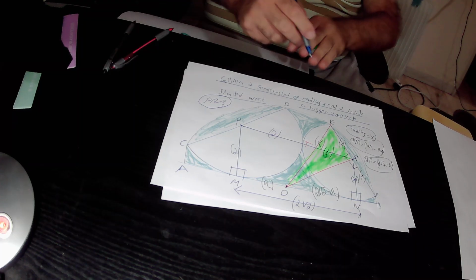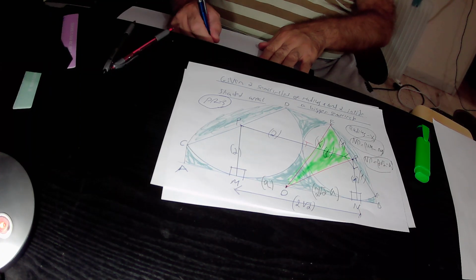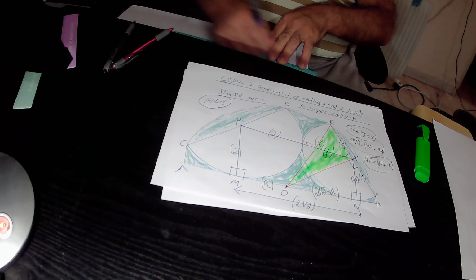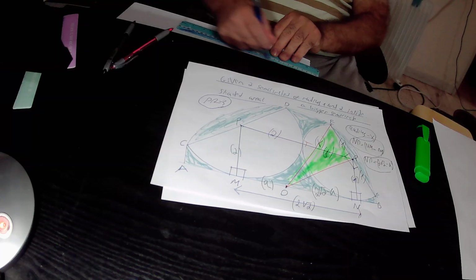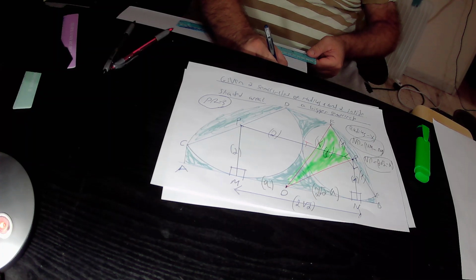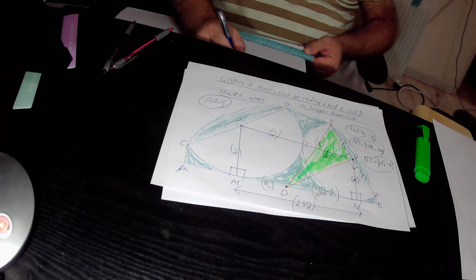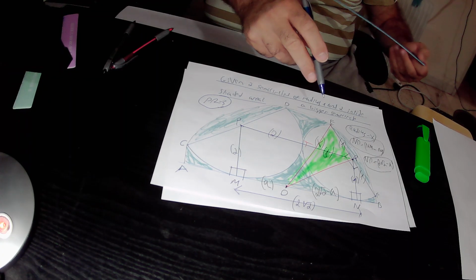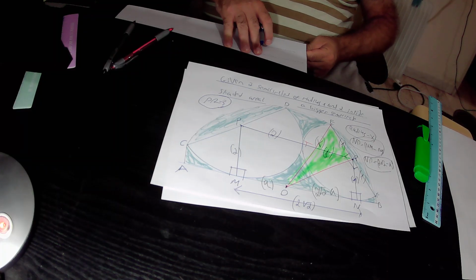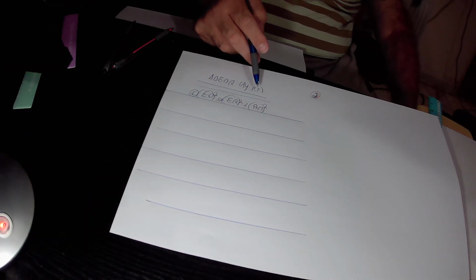So in this green right triangle EQO, according to the Pythagoras theorem, EO squared, that is the square of the hypotenuse, is equal to EQ squared plus QO squared.